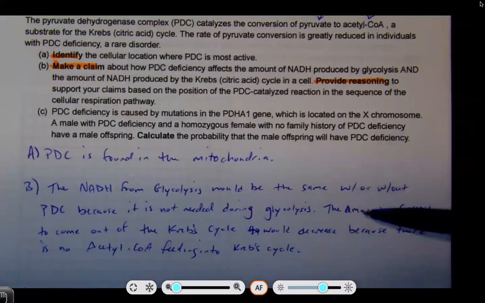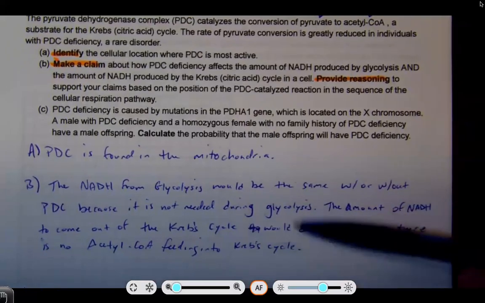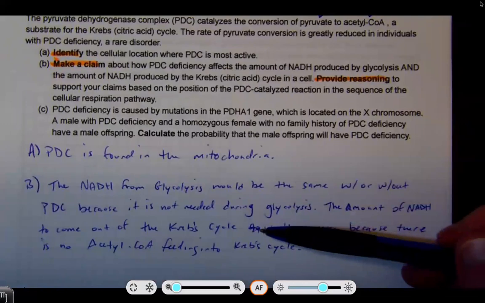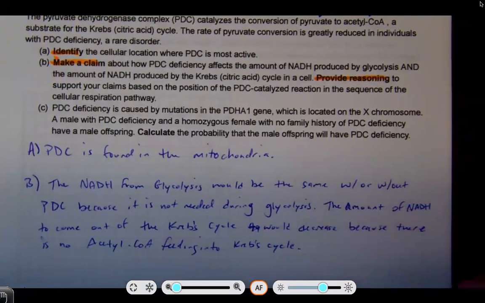Basically the acetyl-CoA is what goes into the Krebs cycle to make it run. So you would expect it to either slow way down or to stop completely.